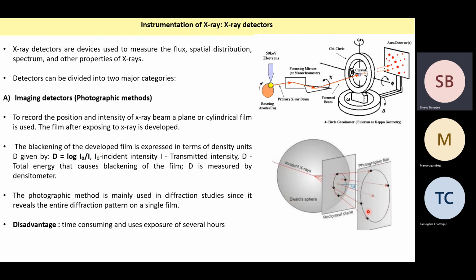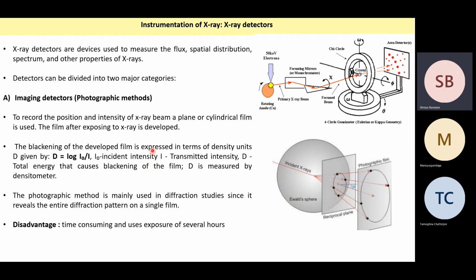The blackening of the film is expressed in terms of density unit, given as D equal to log I0 by I. If I0 is the intensity of the incident X-ray and I is the intensity of the transmitted X-ray, then the total energy that causes the blackening of the photographic film, D, is calculated by log of I0 by I.